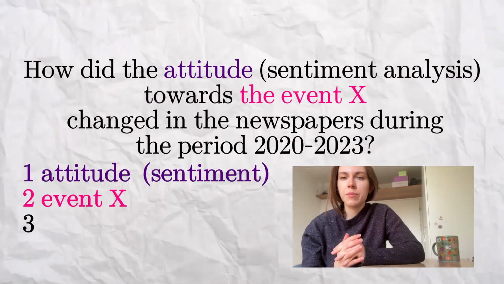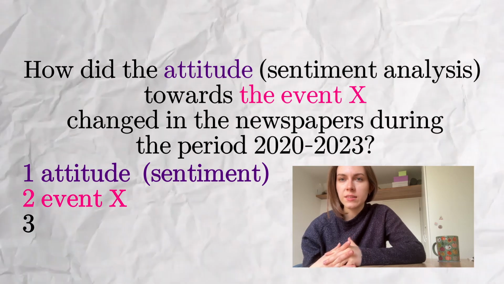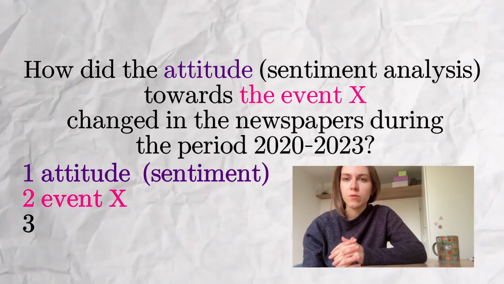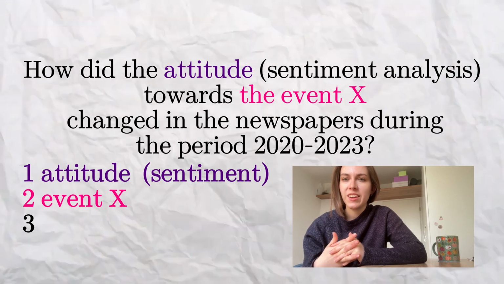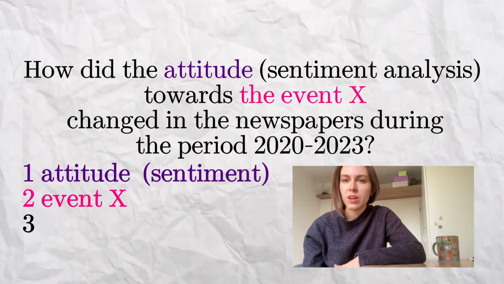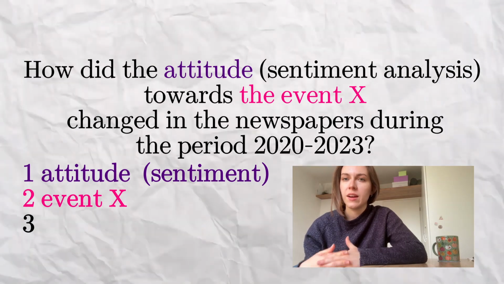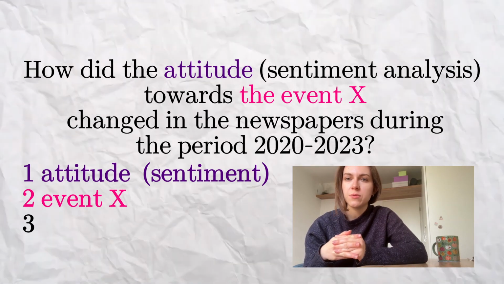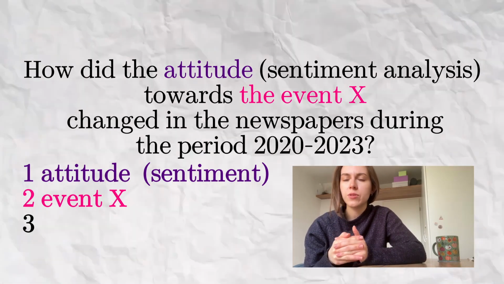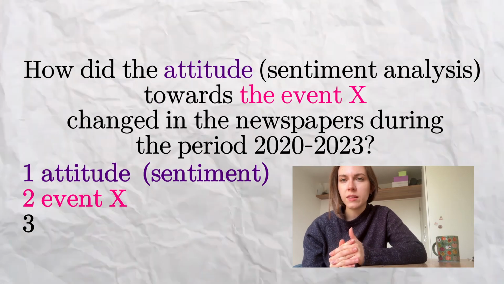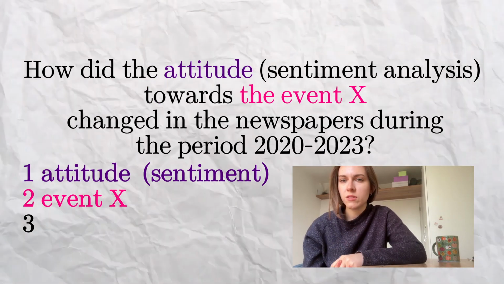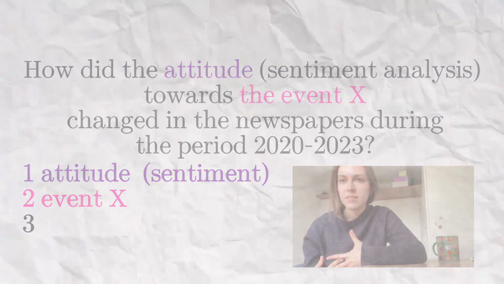The next sub-area is event X. You need to have some general understanding of this event, of its importance, and why you can analyze it. Maybe other researchers were analyzing this event, perhaps in another context, so you need to consult their papers to find ideas and hypotheses about this event and what the consequences of this event were, and why you are analyzing it.